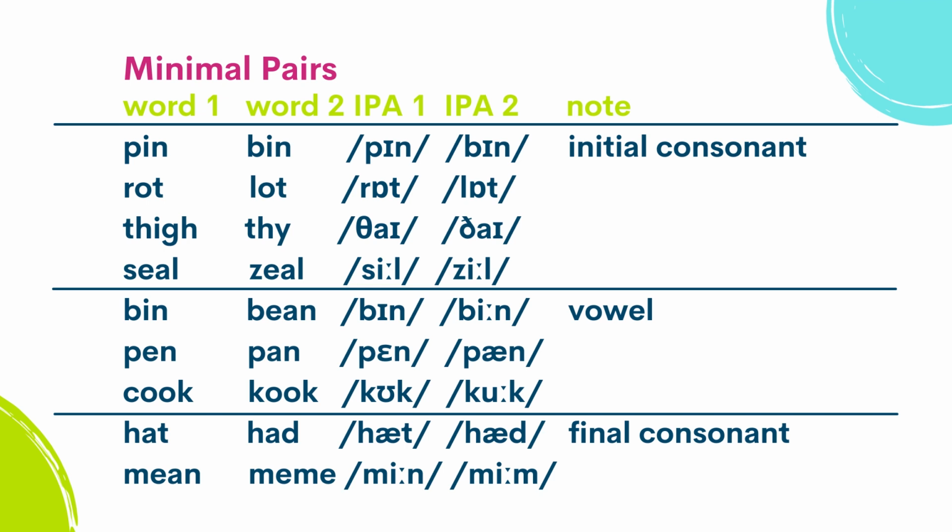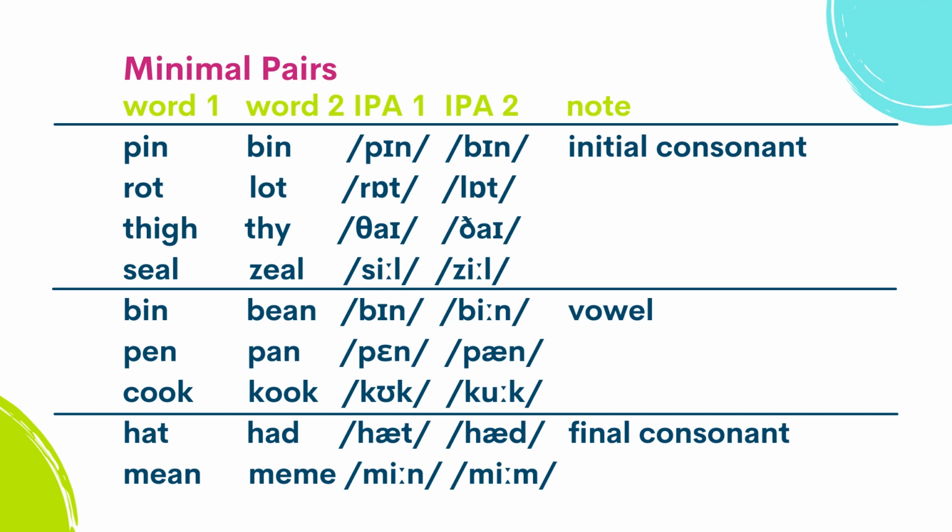And then there is a note right here. This is a difference in initial consonant, this part is a difference in vowel, and then finally it differs in final consonants. So let's check one by one.